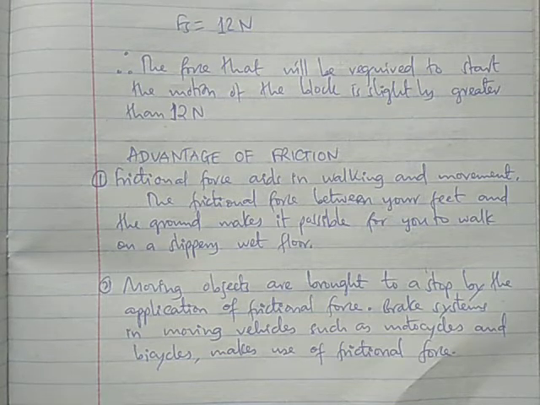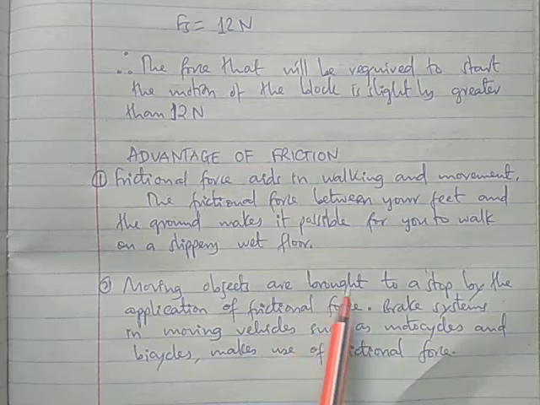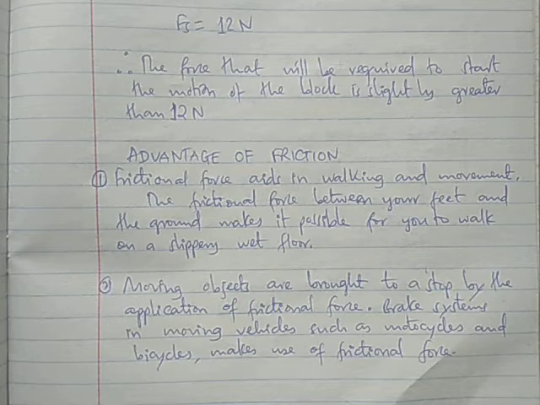Another advantage, moving objects are brought to stop by application of frictional force. Frictional force is applicable in the brake system of vehicles such as motorcycles and bicycles. All of them use a brake system, and that brake system uses frictional force.